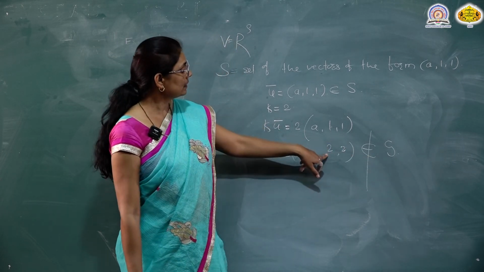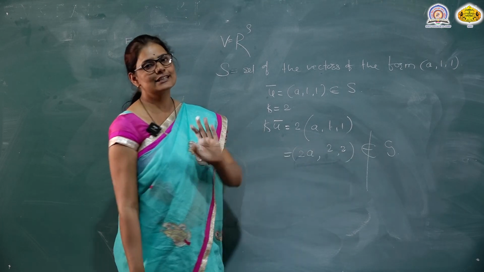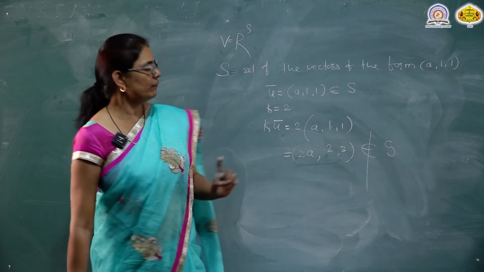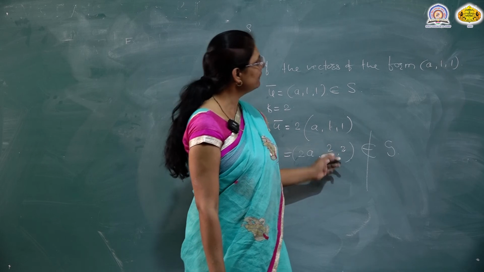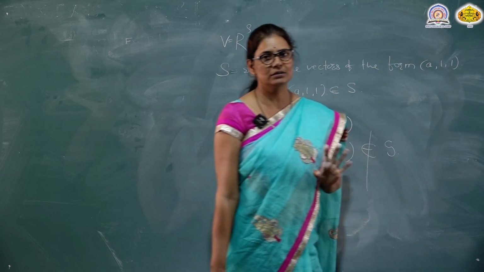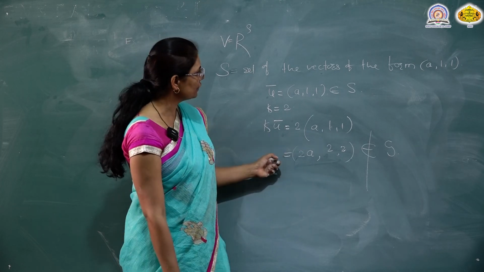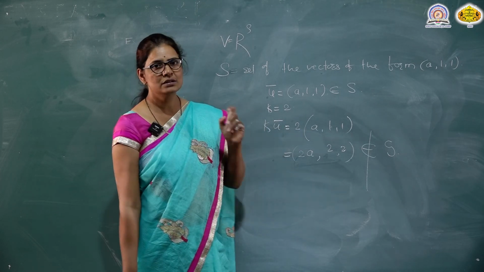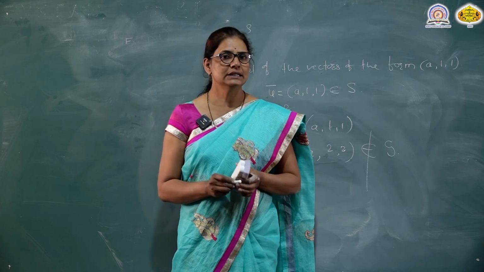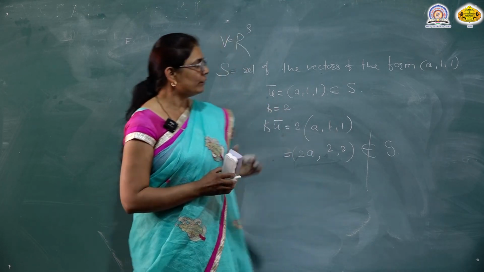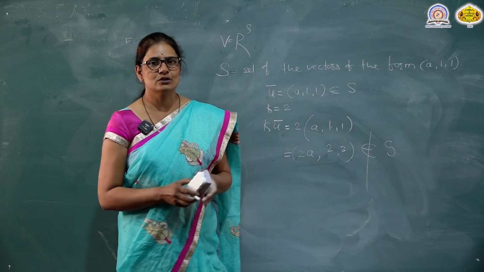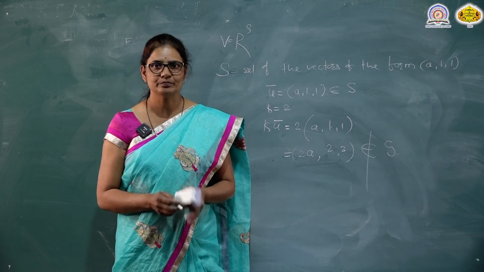Because here the y coordinate is 2 as well as the z coordinate is also 2. If one of the coordinates is anything other than 1, 1, then it is not an element of S. It is not closed for scalar multiplication. Therefore, it is not a subspace of R3. So, if one of the conditions is not fulfilled, then it is not a subspace.